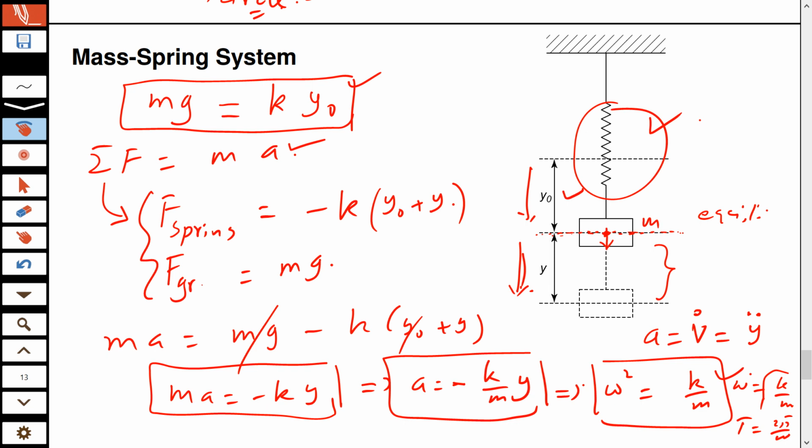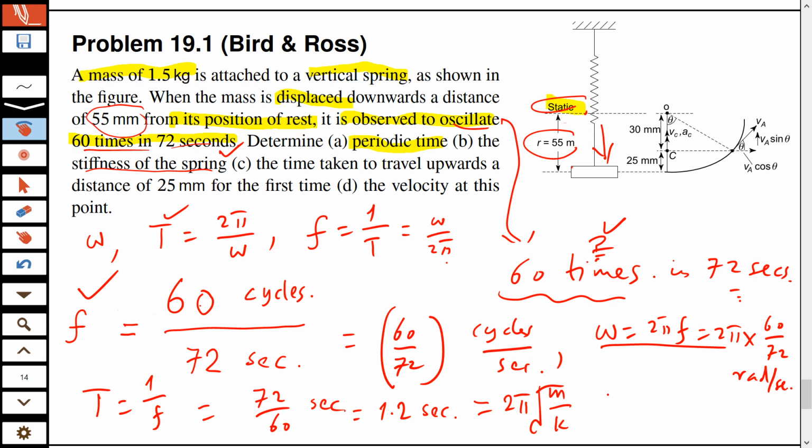If we go back, omega is square root of k over m and T is 2 pi over omega. क्योंकि डिनोमिनेटर में आ जाता है तो k over m की जगह हम लिखेंगे m over k. अब यहाँ पे मास हमें गिवन है, कितना है मास? 1.5. So in this equation k is the only unknown. So I can solve this equation for k. Left side भी पता है, mass भी पता है, 2 pi मुझे पता है, and I know how to deal with square root. So spring constant भी मिल गया मुझे, stiffness of the spring.